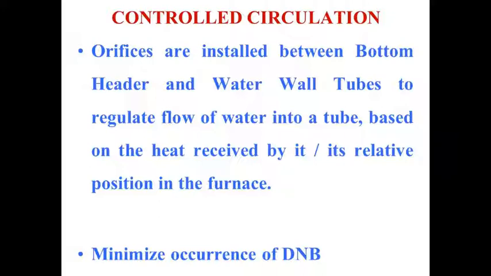So to maintain and control uniform heat transfer across all the water wall tubes, we have an orifice fitted at each tube inlet, and through that we maintain uniform velocity of the water-steam mixture across all the water wall tubes, so that heat transfer is maintained and regulated with circulation ratio, and there is no departure from nucleate boiling.